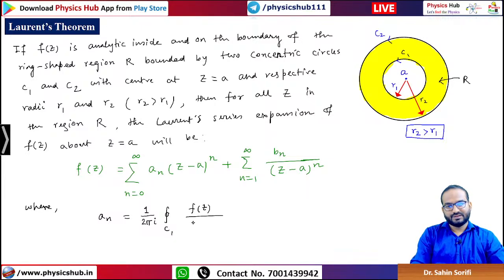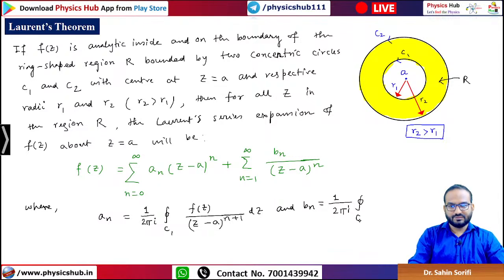Integral of f of z divided by (z minus a) to the power n plus 1 dz, and b_n is equal to 1 upon 2 pi i. This one, a_n, is taken over C1, b_n is taken over C2, the outer circle. Integral of f of z times (z minus a) to the power minus n plus 1 dz.